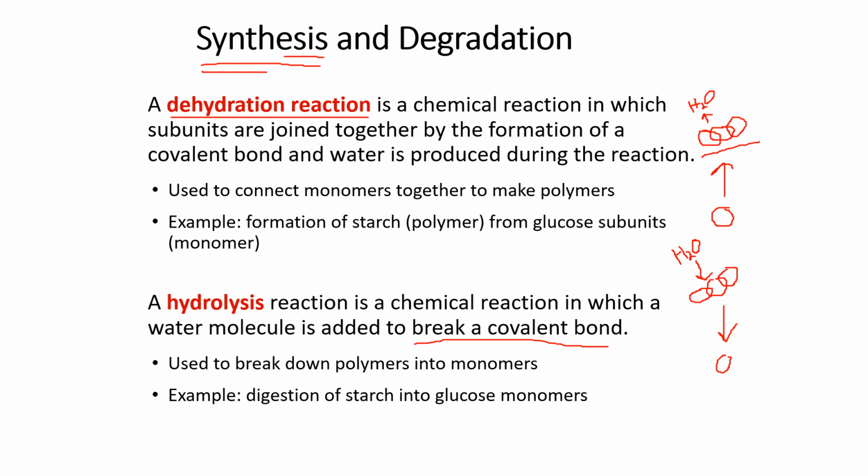So water goes back into the structure. And we call it hydrolysis. Hydro means water, and lysis means to break or to cut. So we're using water to break or cut these covalent bonds. We're going from polymer chains down to single units, to monomers.